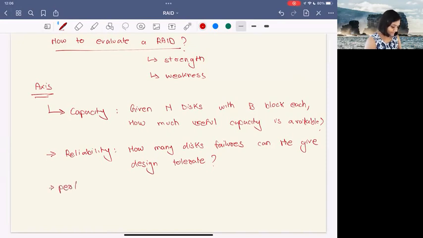Third, performance. Here, evaluating performance is quite challenging because how do we define whether this RAID is performing well or not? There is no binary metric like that, no clear division. So in order to evaluate and compare the performance, it depends on other parameters.